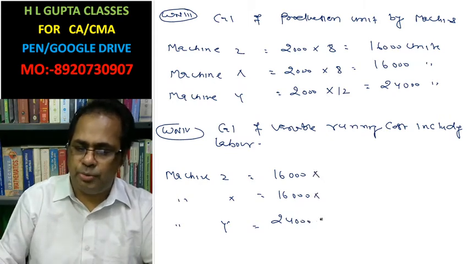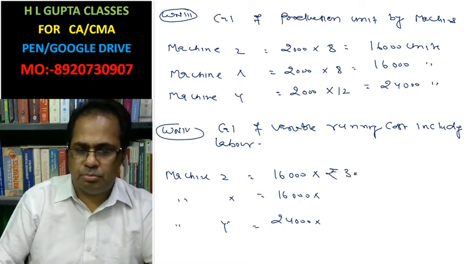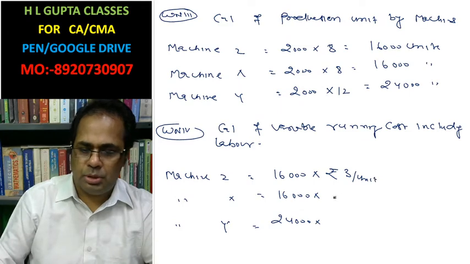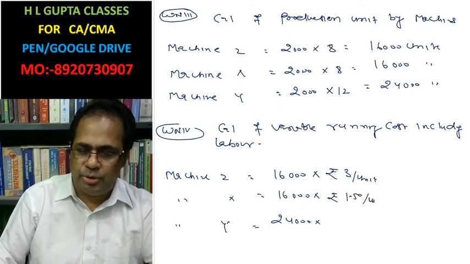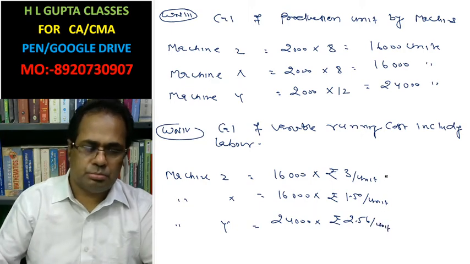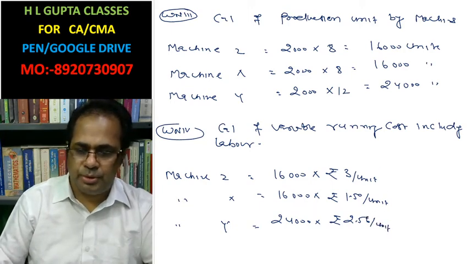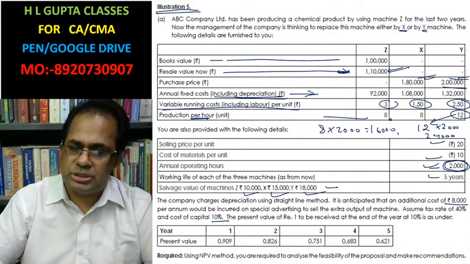Cost per unit is written here, rupees 3 per unit, rupees 1.5 per unit, rupees 2.50 per unit. This information is given in the question here.